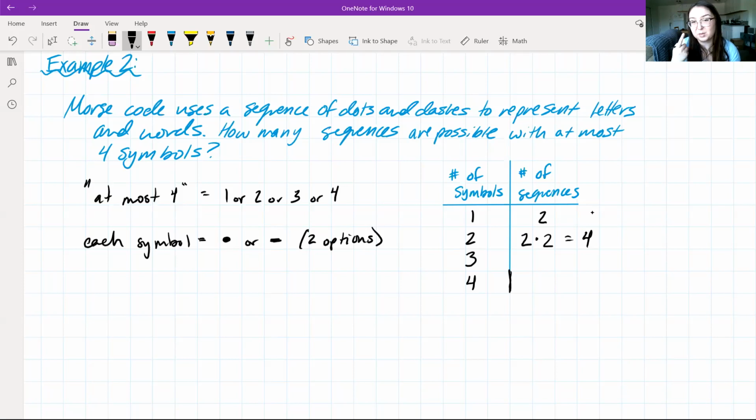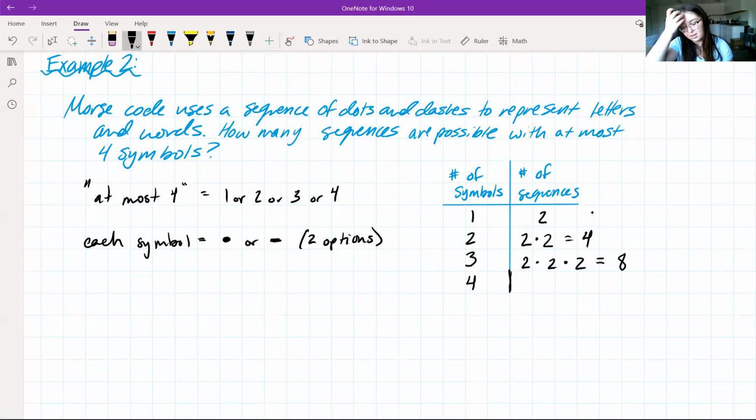And since we know our multiplication principle, this is going to be 2 times 2 times 2. Because we have 3 separate occasions, and each time we have 2 options. So this would be like saying 2 is M1, 2 is M2, and 2 is M3. And this is going to be equal to 8.